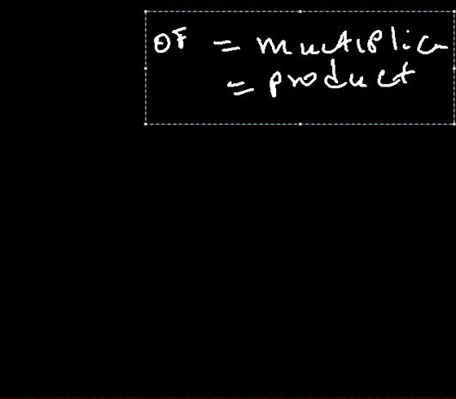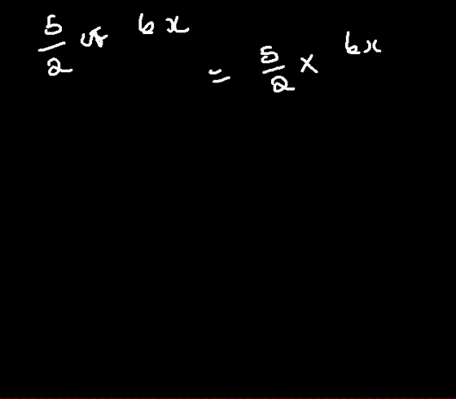For the sake of interest, we can have, let's say, 5 divided by 2 of 6x. How do you think you can have this? Now this is the same as 5 over 2 times 6x. So this is the same as 5 over 2 times 6 over 1. It is the same as that.